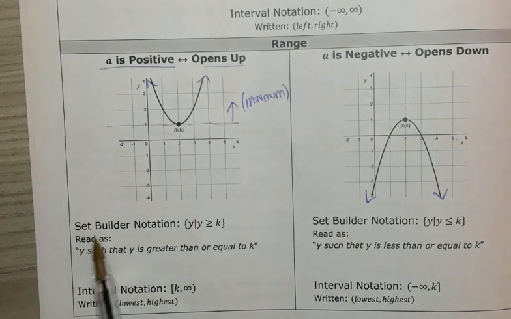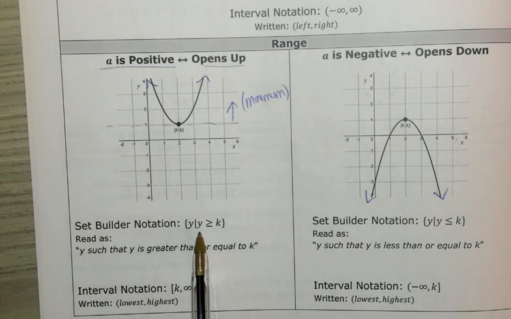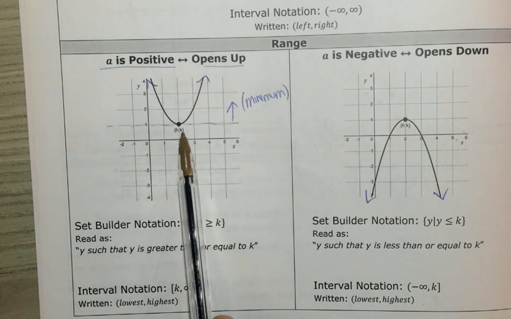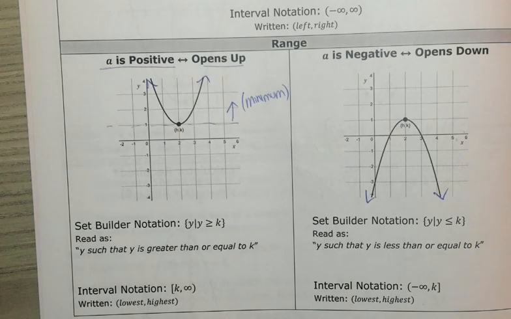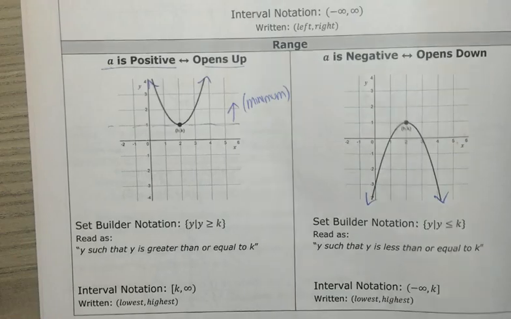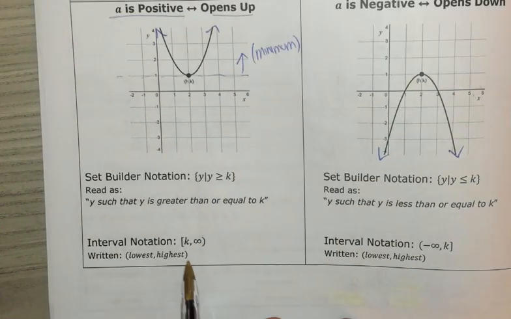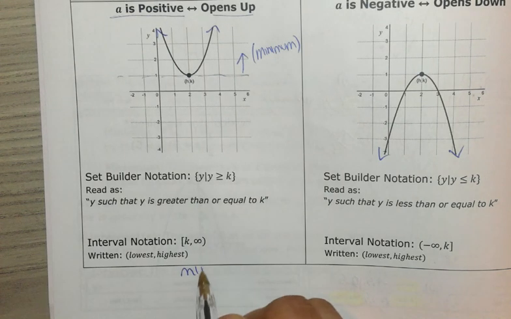So your set builder notation will state that the y values are greater than a value. That value that you use is actually the k value in your vertex. So just keep that in mind. The interval notation for this will be the minimum, comma, maximum. It still follows that format of minimum, comma, maximum.